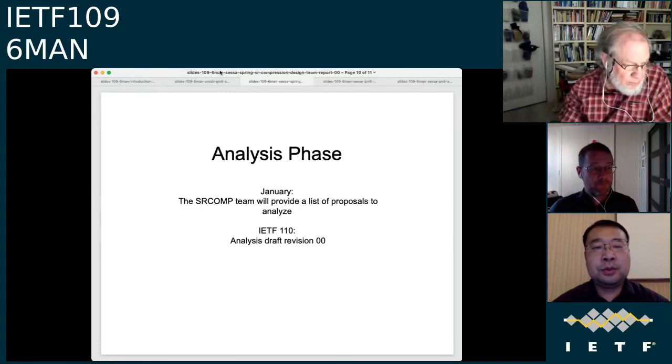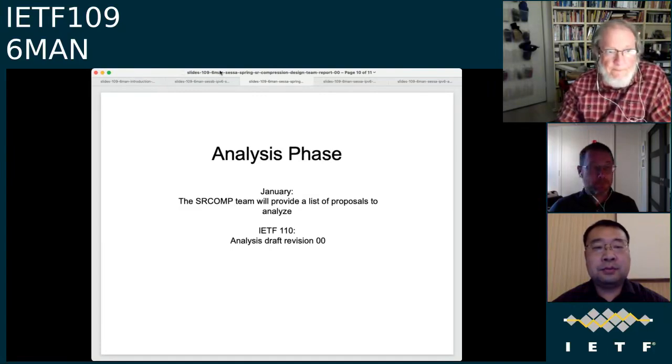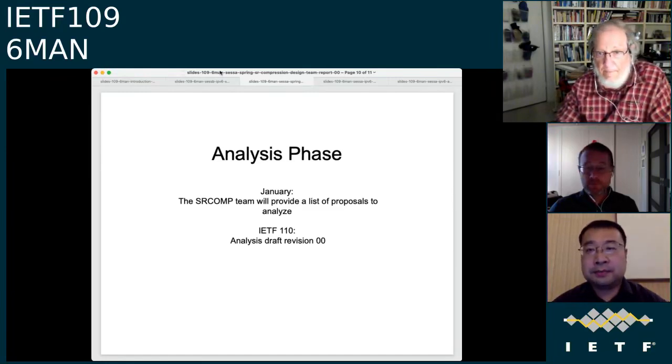And we hope to submit the initial analysis draft to IETF before the next meeting. So that's all. That is the basic status and plan for the design team.